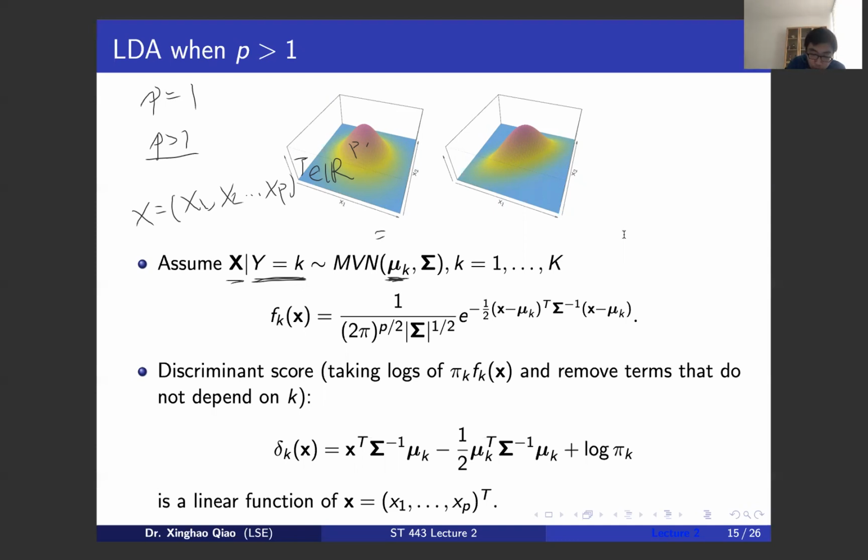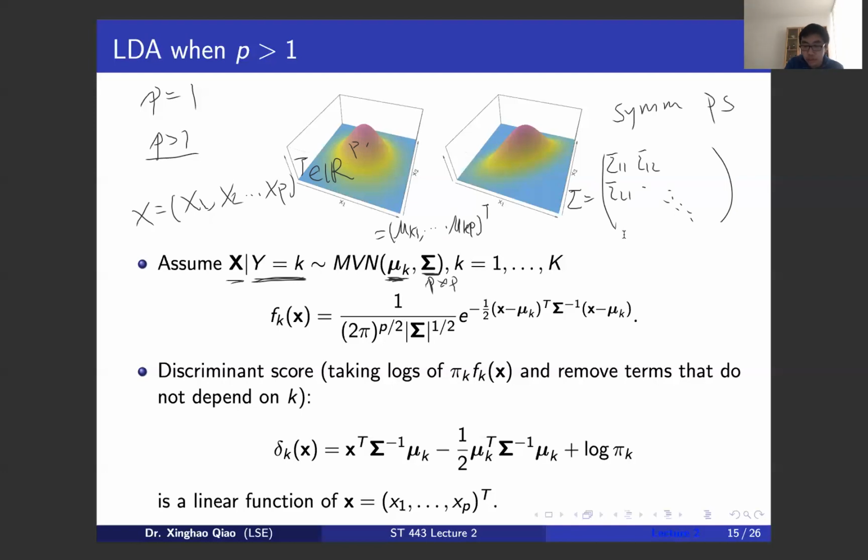That is still a vector including mu k1, etc., up to mu kp, a p-dimensional vector. Also we have the covariance matrix, which is a p by p matrix. For example, this covariance matrix can be written as sigma 1,1, sigma 1,2, etc., sigma 2,1. So this is a symmetric matrix.